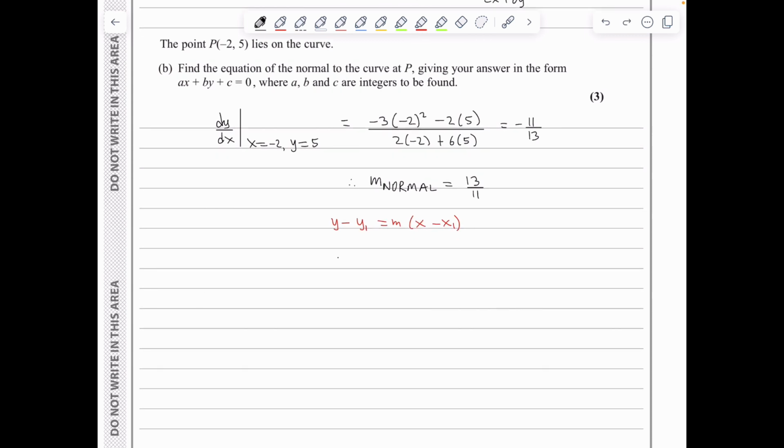So in our case, we've got y minus 5 is equal to 13 over 11 times x minus the negative 2. I will cross multiply to get 11y minus 55 is equal to 13 brackets x plus 2. And I will expand to get 11y minus 55 is equal to 13x plus 26, which leads to 11y minus 13x minus 81 is equal to 0.